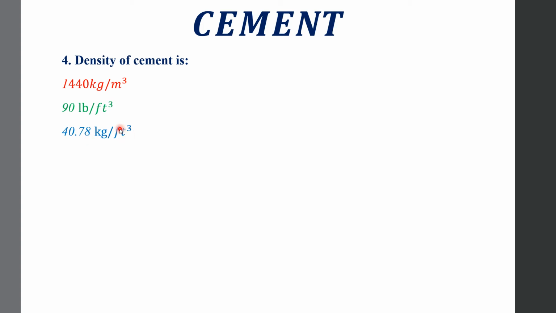It means that in 1 foot cube of cement, you will require 40.78 kgs, or 90 pounds of cement, and in 1 meter cube of volume, you will require 1440 kgs of cement.